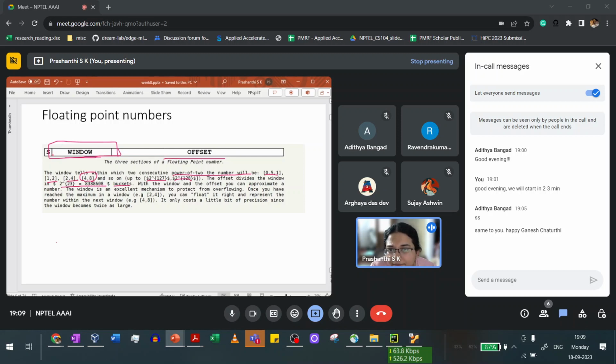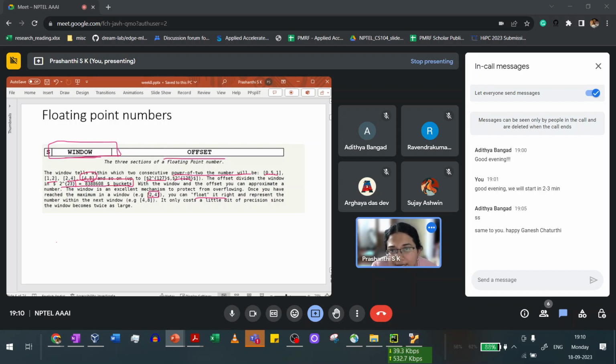And the window is a very good mechanism to protect against overflow. Basically, when you reach the maximum in a given window, you roll over, or float, to the next window. For instance, if I reach 4, I simply have to move to the next window. But now you have to realize that there is a trade-off here. As you move to larger windows, remember that the number of buckets in a window remains constant.